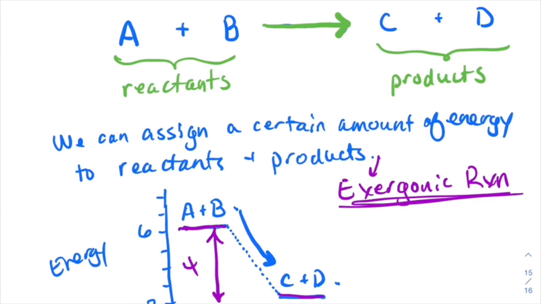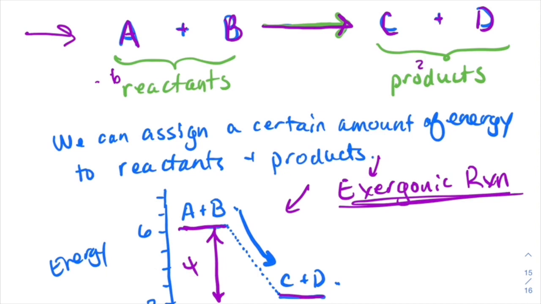So if you look back up here under chemical reaction, substance A plus B going to C plus D, if its energy graph looks like this one down here that we just drew, I would be like, all right, the reactants are starting at a 6, and the products finish off at a level 2, that means 4 energy units came out of it.